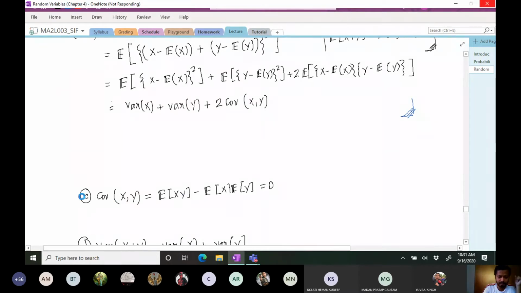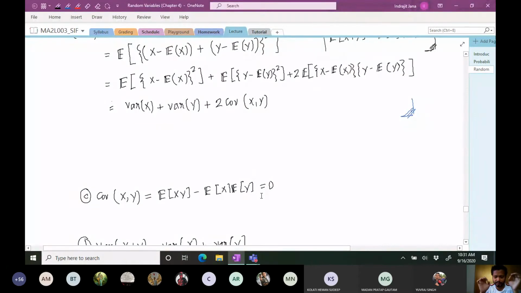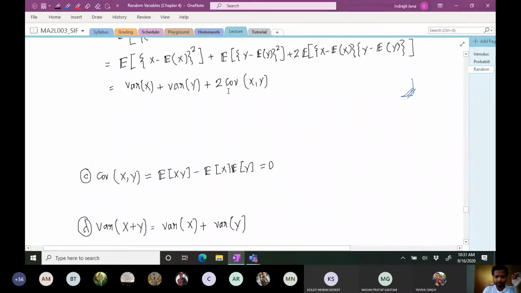So the statement that I wrote in part C is true in particular if x and y are independent, then covariance of x and y is 0, which implies that in that case we can drop the covariance term in the sum of the variance formula, and that's what is written in part D.